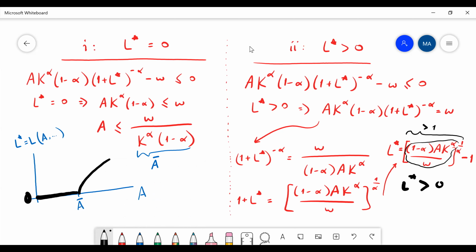So for this to be greater than 1, you have 1 minus alpha times A, K to the alpha greater than w. In other words, A greater than A bar. Okay, that's it.